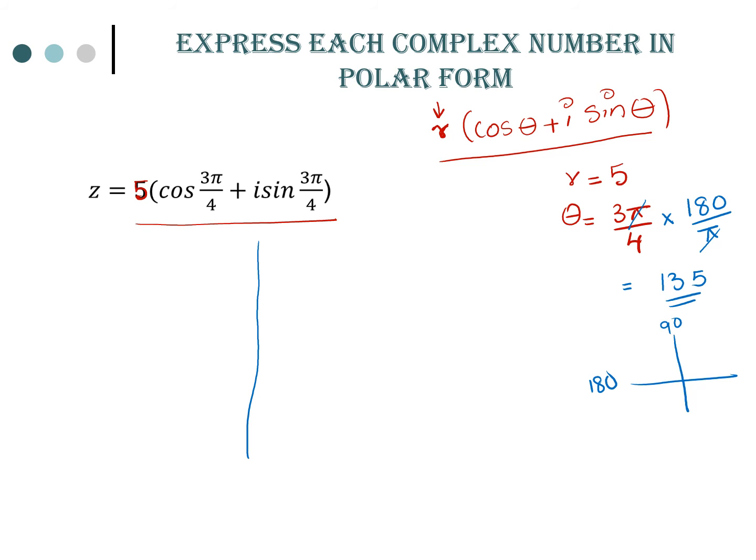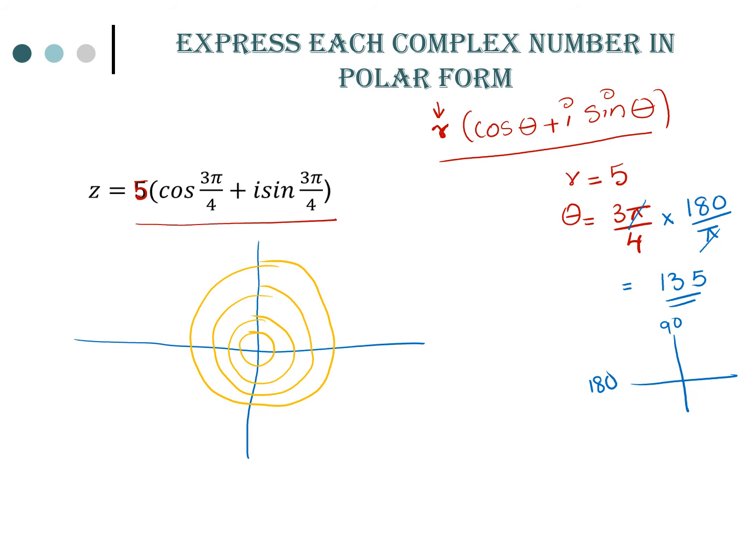So in order to sketch the graph on the polar grid, you have to make 5 circles because r is 5. So 1 circle, then the 2nd circle, the 3rd circle, the 4th circle and the 5th circle.